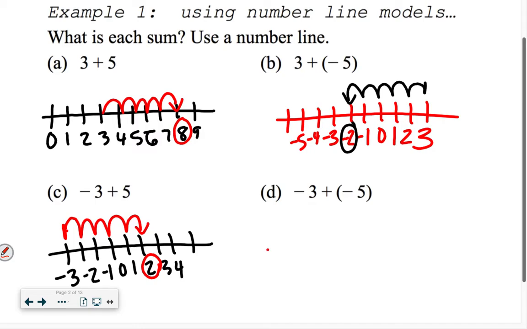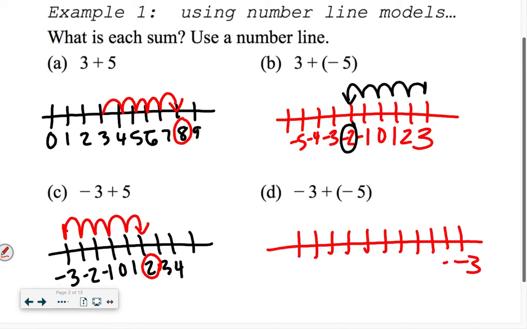Last one. Start at negative 3. And again, we're adding, so that would normally mean we go right. So I'm going to face right.